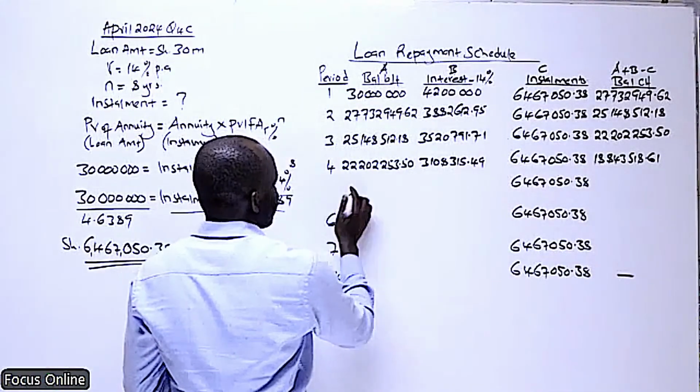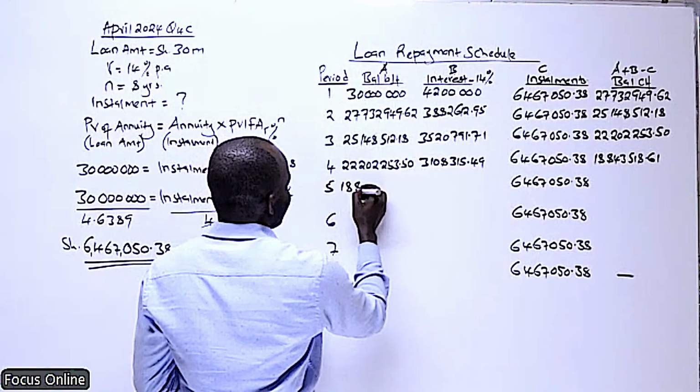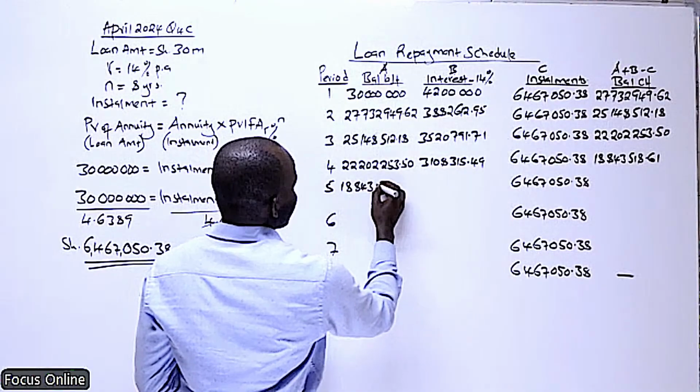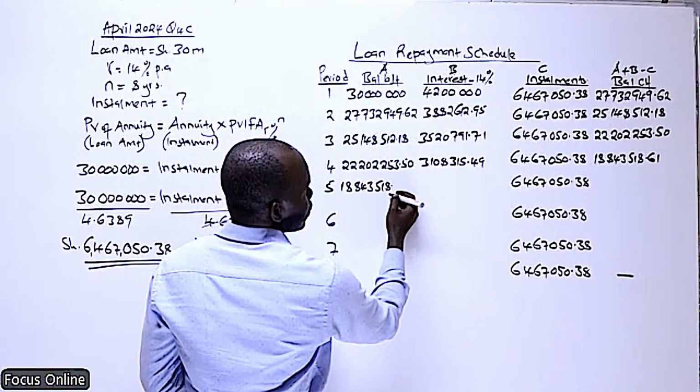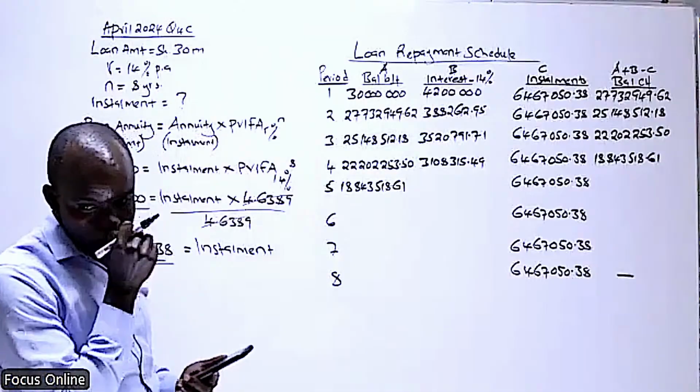So here we have 18,843,518.61. Then we charge interest.